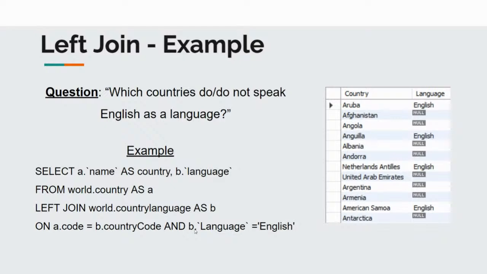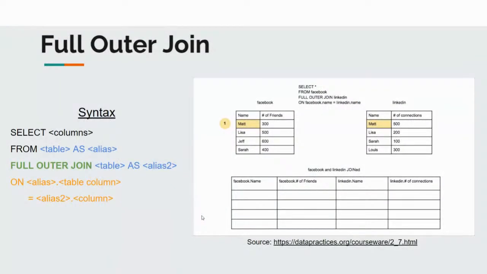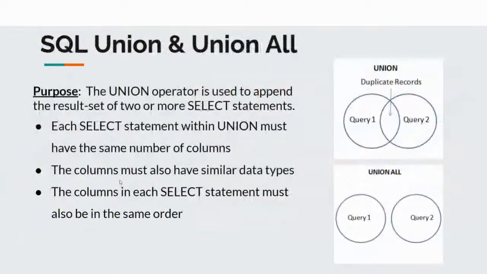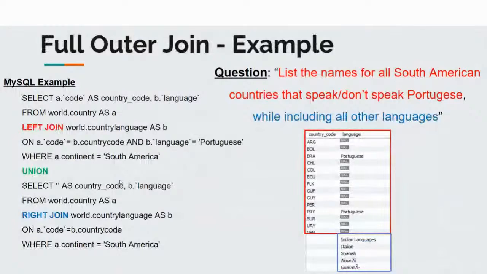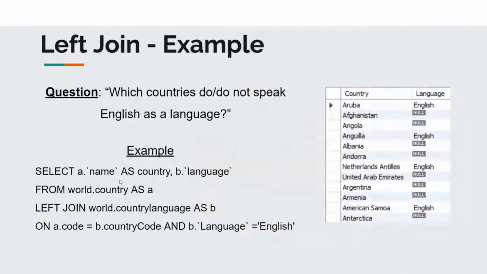And then we're going to limit B to just the language of English. It's really close to the inner join that we had before, except instead of official language on the B table, we're going to choose language as English.